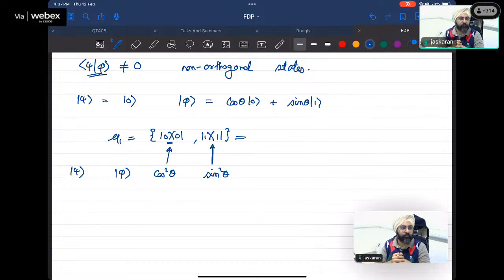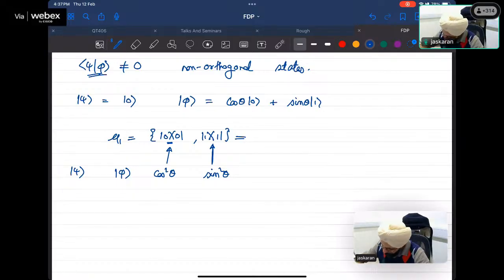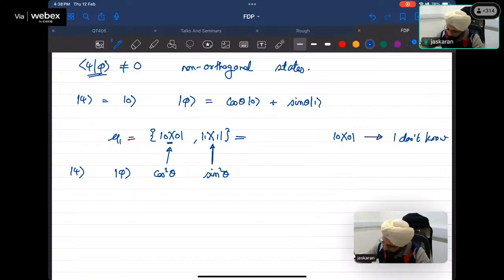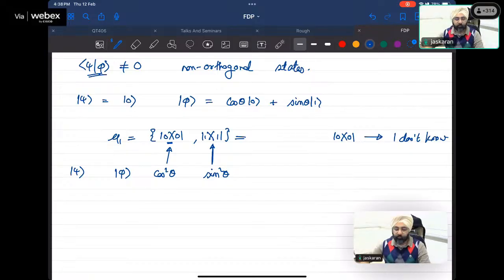I cannot say whether it came from |φ⟩ or |ψ⟩. If I get the outcome 0, I will say I don't know. It could have come from |φ⟩ or |ψ⟩ because both of them have some component along |0⟩.